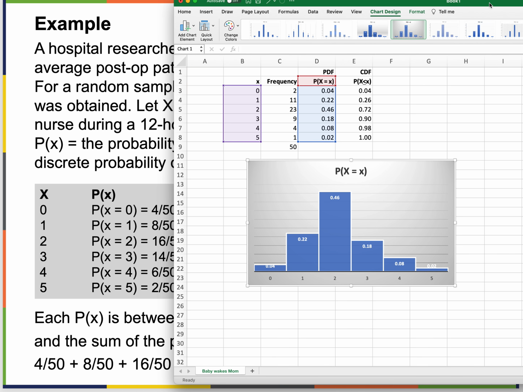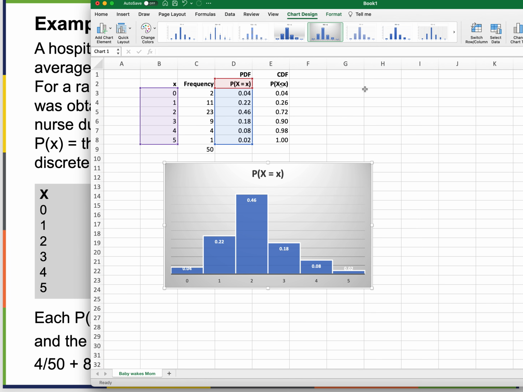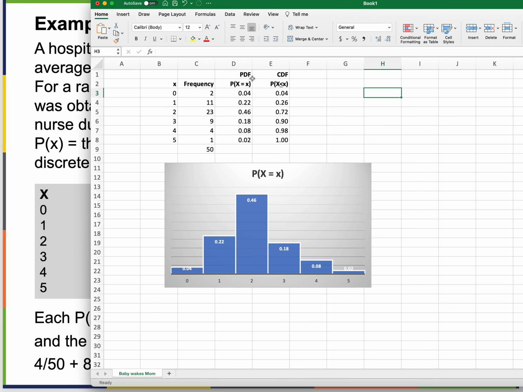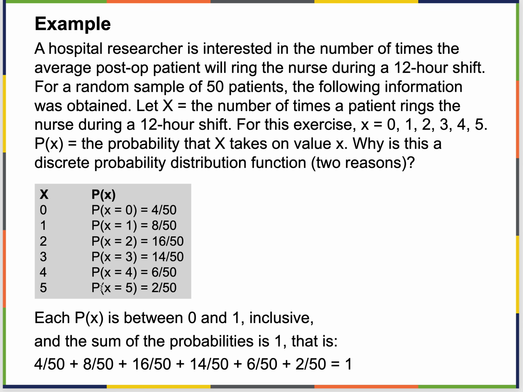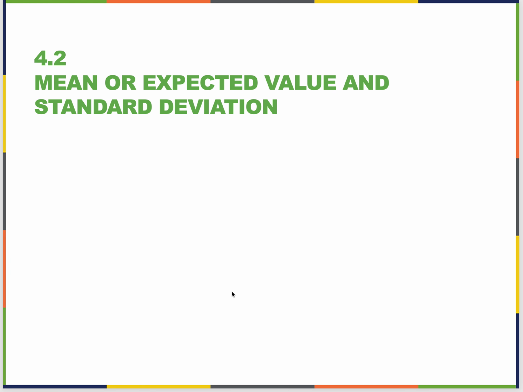Graph, write the probability distribution function, the cumulative distribution function, because now you can answer all questions about it, and make a graph, a bar chart or histogram. I think that would be a good project for you to do right now.